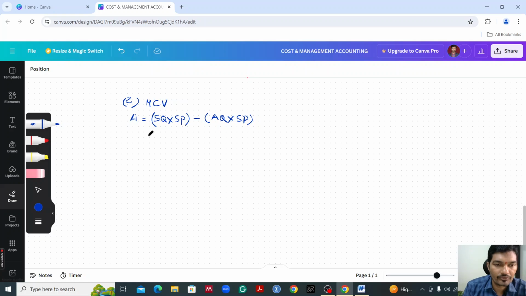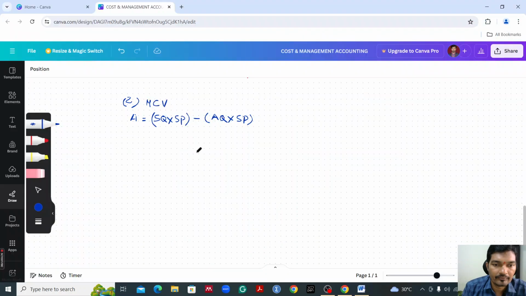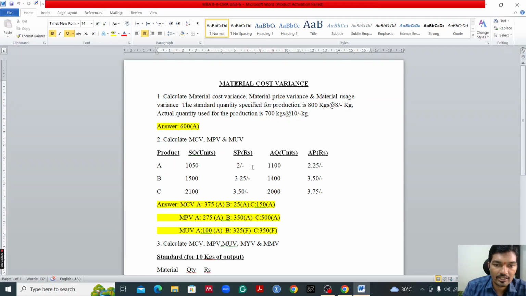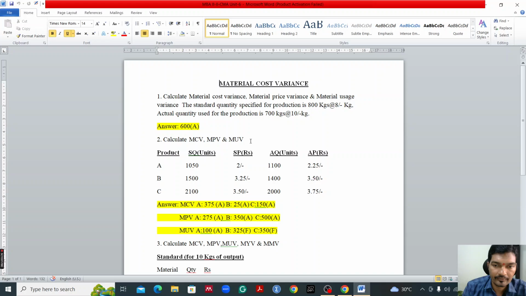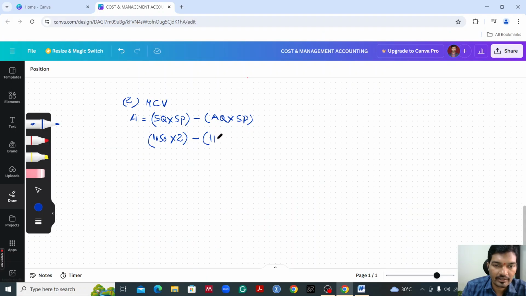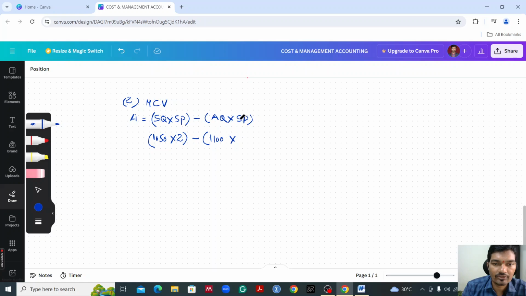Then substitute the values for product A. The standard quantity for product A, 1050, into the standard price given, 2 rupees, minus the actual quantity given, 1100, is multiplied with the actual price.